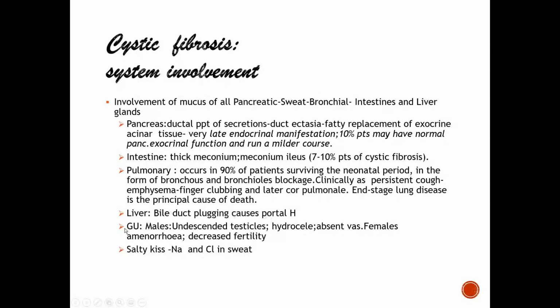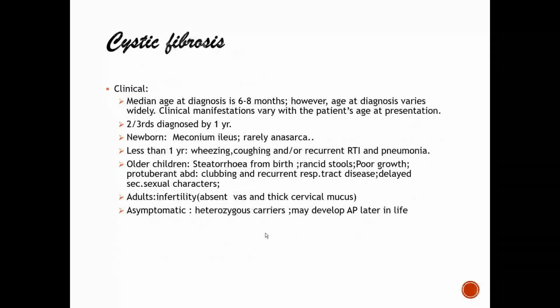Genitourinary, males have got undescended testes, hydrocele, absent vas deferens. In females, you got amenorrhea and decreased fertility. And the patient, when kissed, would give a salty kiss. When the cheek of the child is kissed, you will feel all salt, and that is because of sodium and chloride in the sweat. Clinically, the median age at diagnosis is 6 to 8 months.